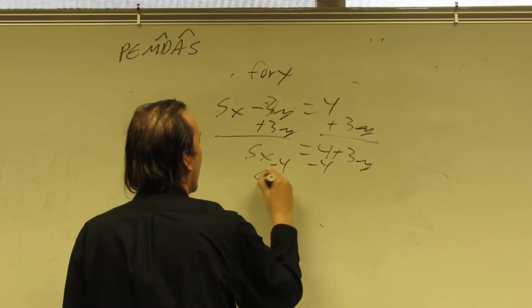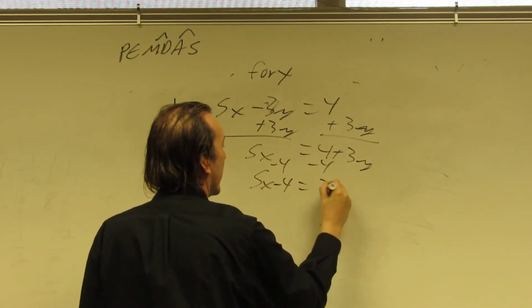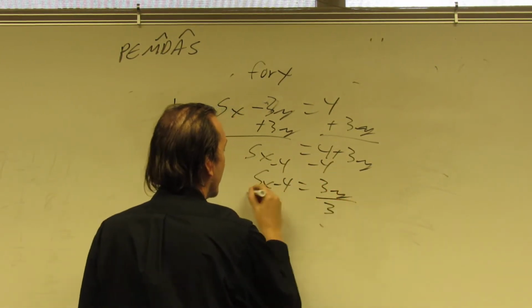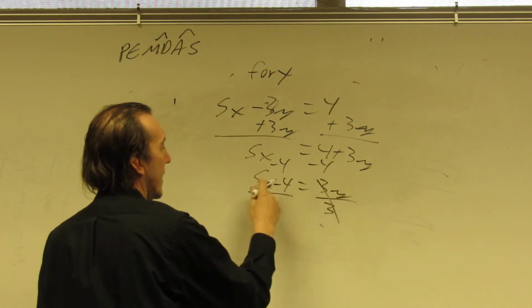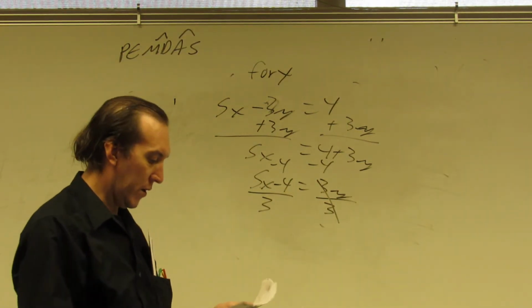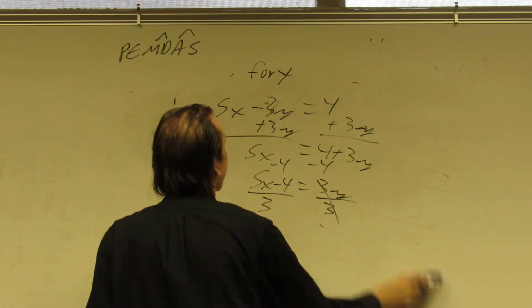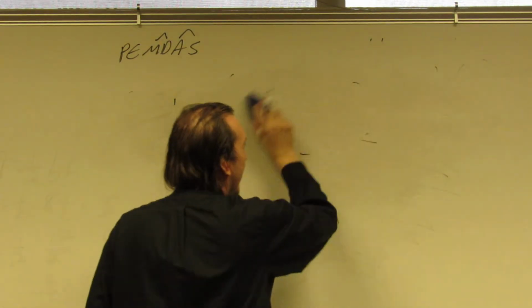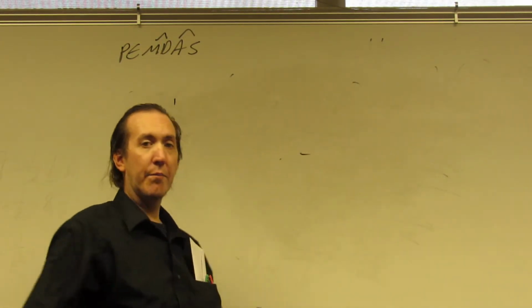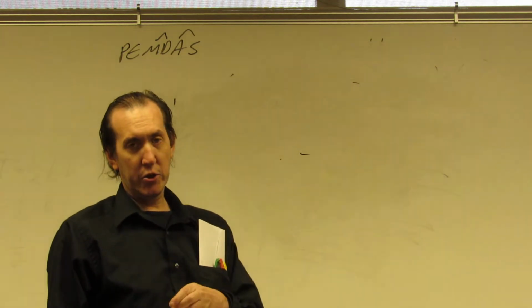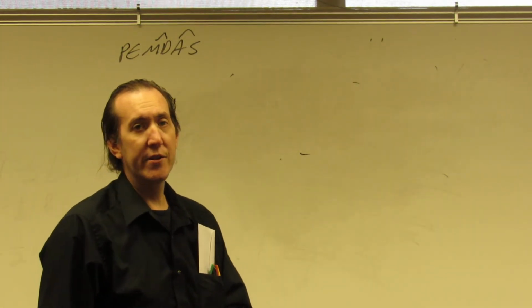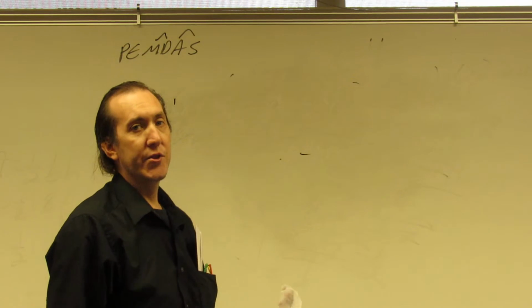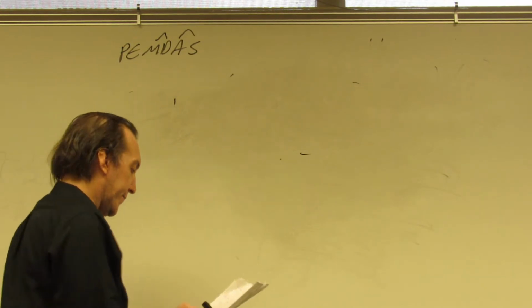Subtract the 4. 5x minus 4 equals 3y. Divide both sides by 3. Y equals (5x minus 4) over 3. I do recommend that you move the y to make it positive because it's multiple choice and it'll make it a lot easier for you as far as the positive and negative numbers.